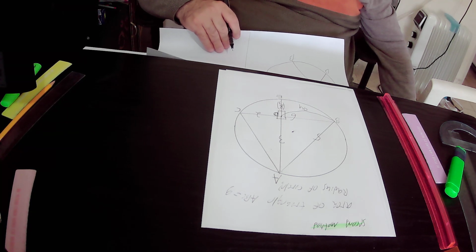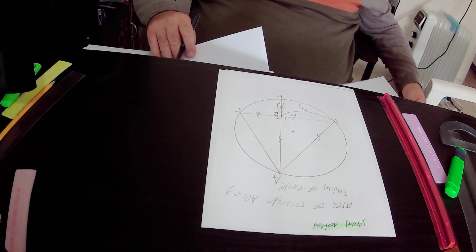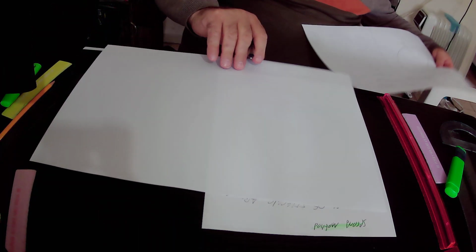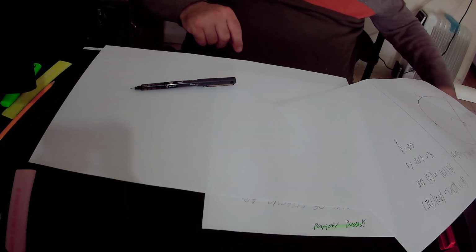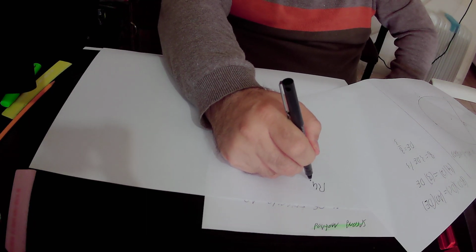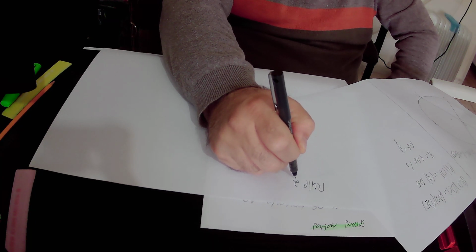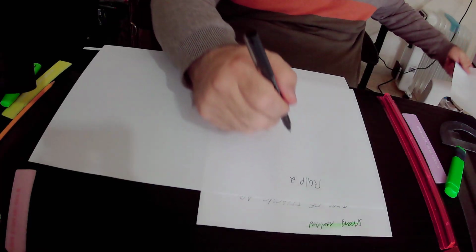According to rule number 2, if chord AB intersects with chord CD at 90 degrees, they intersect with each other at 90 degrees, then the following equation is true.